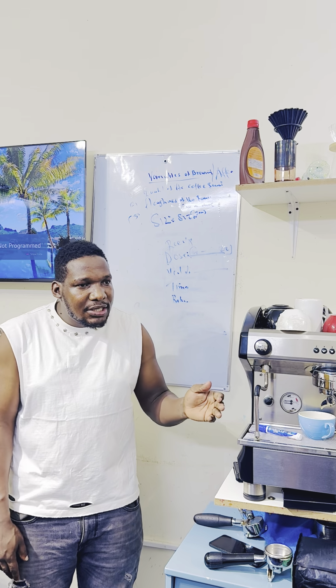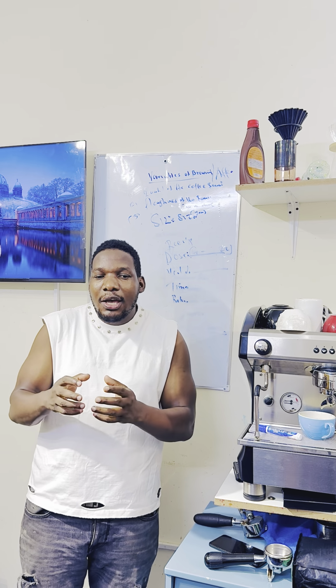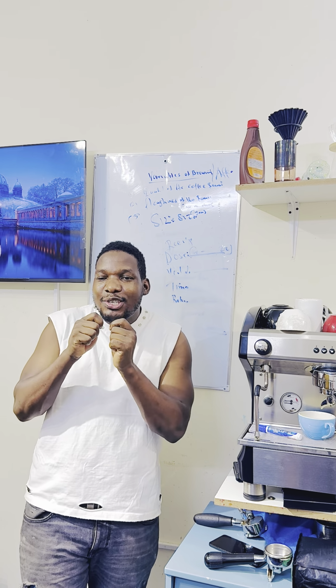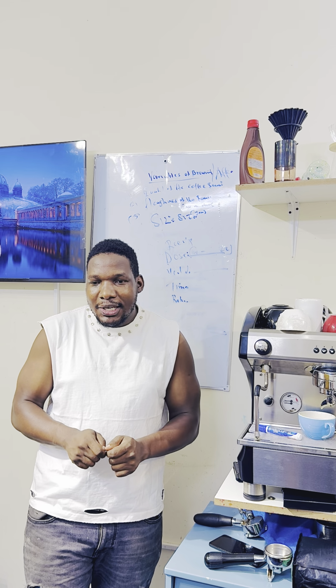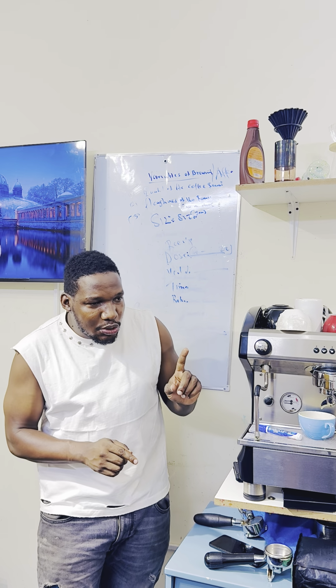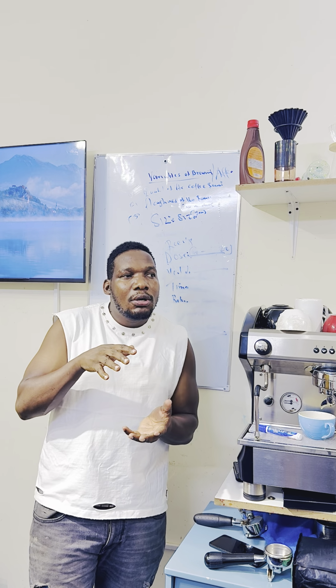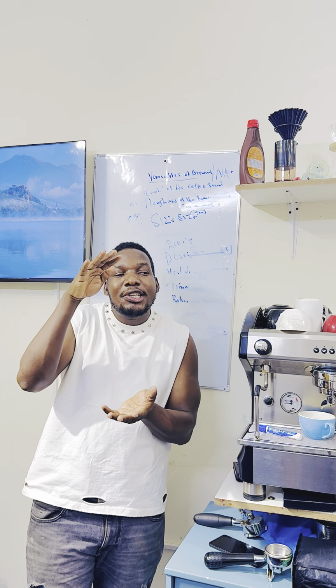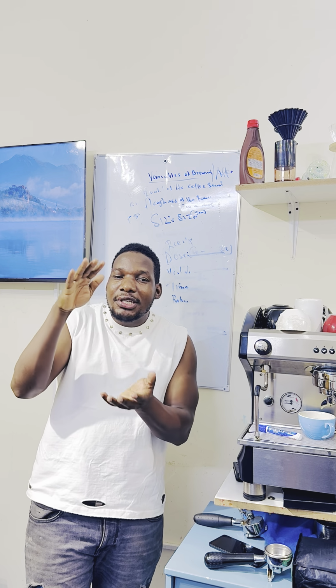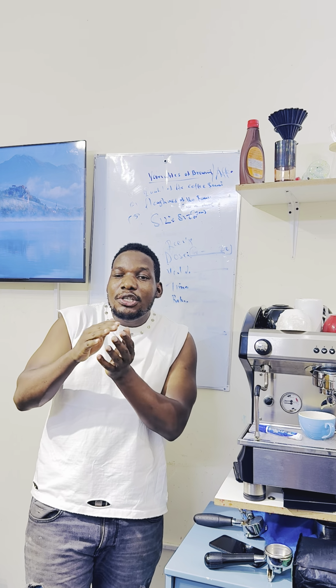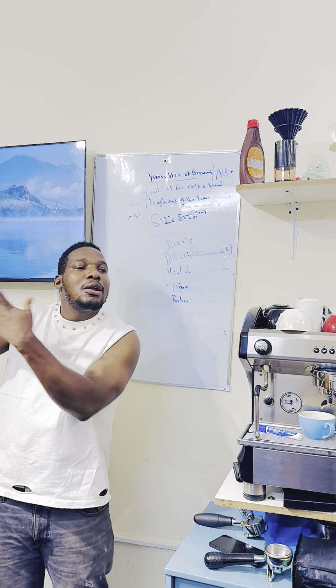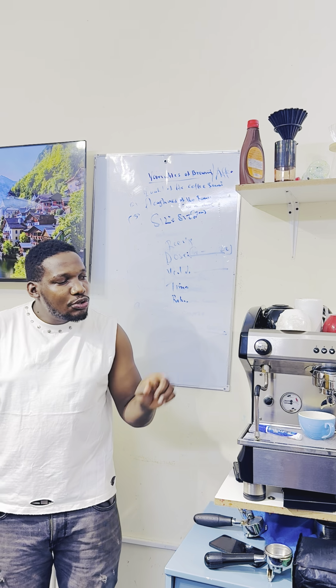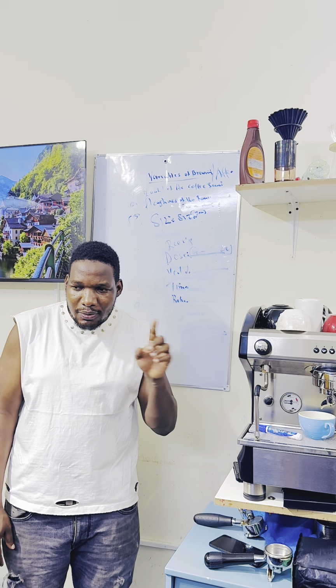Because if it's less, we are going to experience a faster flow rate. If it's more, we are going to experience a slower rate. If you put in more, the water will be restricted. When it is restricted, time will move from 20 to 30 seconds to almost one minute, yet you were told it should be between 20 to 30.